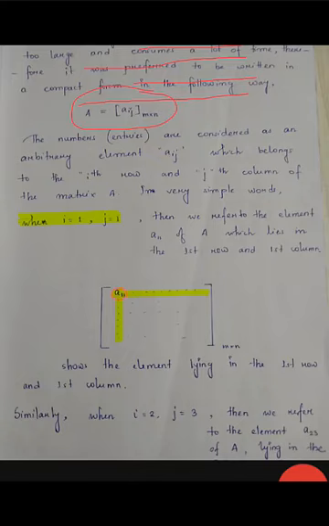So the entire thing shown just now can be reduced to the form A is equal to Aij, with m number of rows and n number of columns.